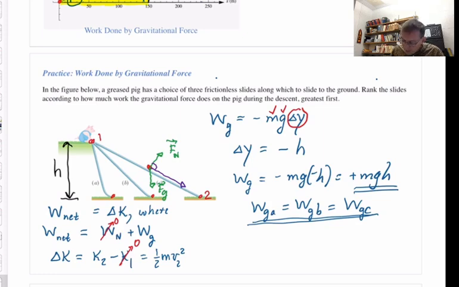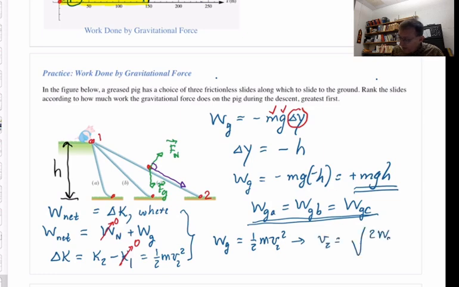So you put these results together. W net equals delta K. W net is W grav. And delta K is 1/2 m v final squared. So now let's just solve for v final. V final is the square root of 2 times W grav over m. But we just ranked the W grav and they're all equal.